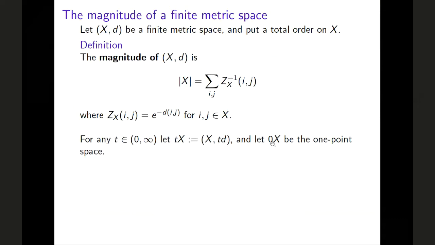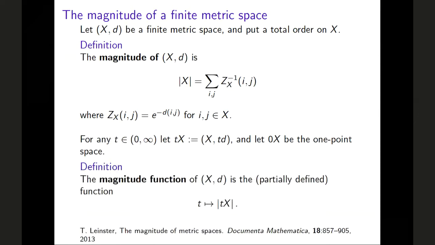And so one then introduces the magnitude function, which captures how the magnitude varies as we rescale this metric space. And it is a partially defined function because the magnitude might not be defined for all values of t.